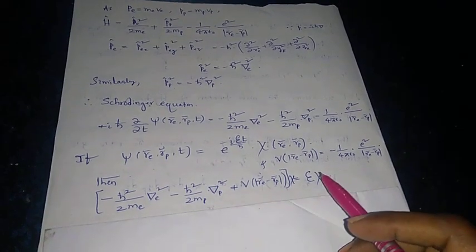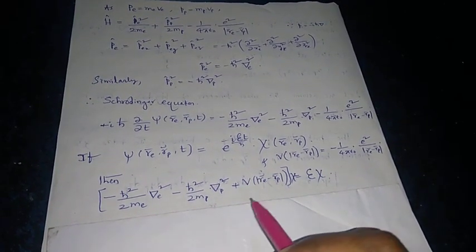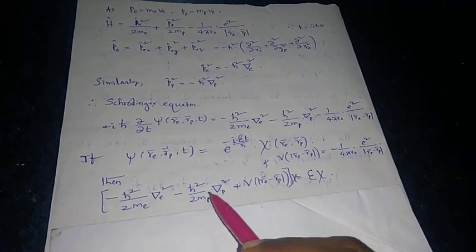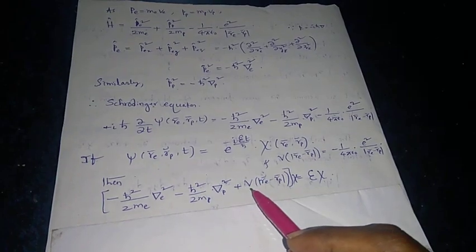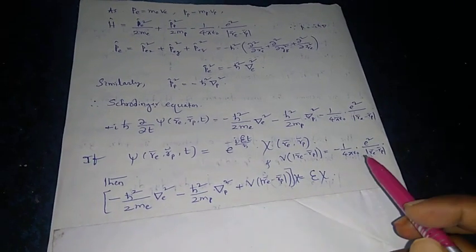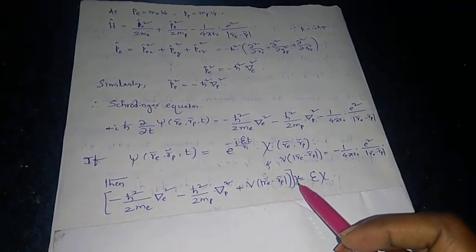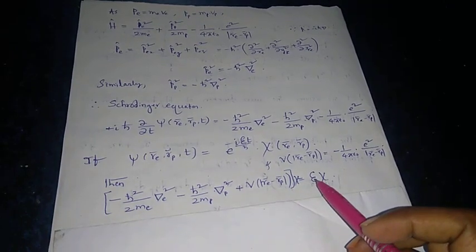So if you do that, then we'll get this thing in the bracket, with the del square operator for the electron and the del square operator for the proton, and then V in place of the potential energy, acting on chi is equal to epsilon times chi.